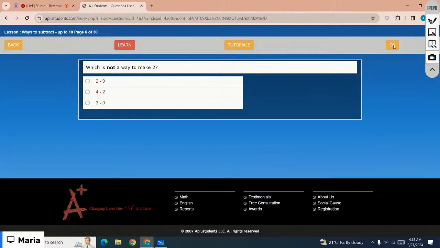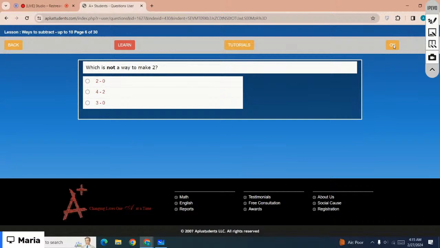Which is not a way to make 2, which is the correct option? You don't have to make 2, right?